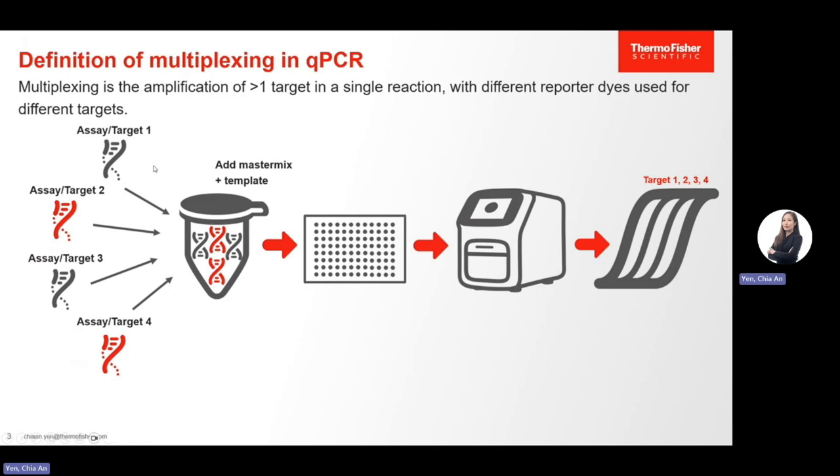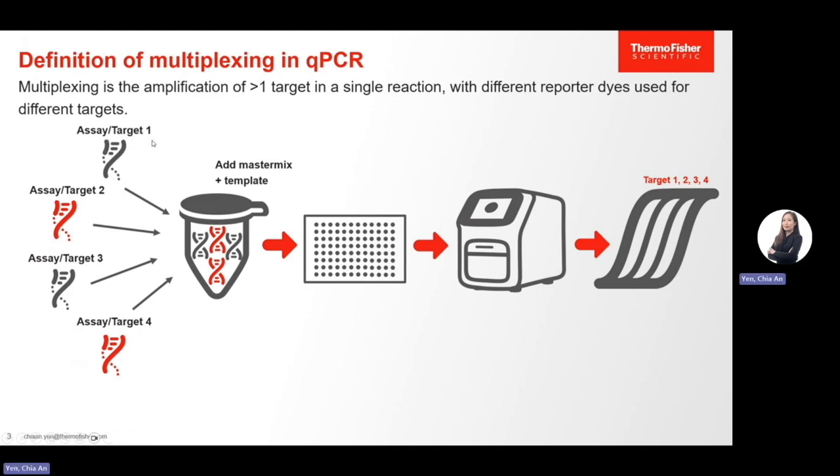Let's take the example on this slide where I have a multiplex reaction of 4 different targets. For each of these targets, there is an assay, so the primer and probe sequence that target the region of interest.